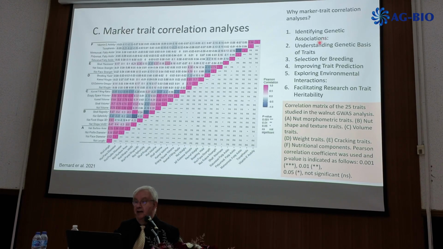You can use it to identify genetic association and understand the basis of the traits. This plays an important role in the selection for breeding, and it can be used to improve trait prediction and explore the environmental interaction.